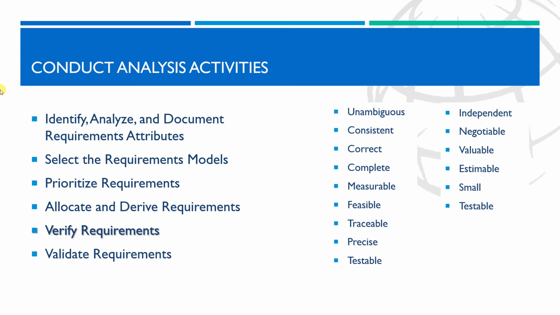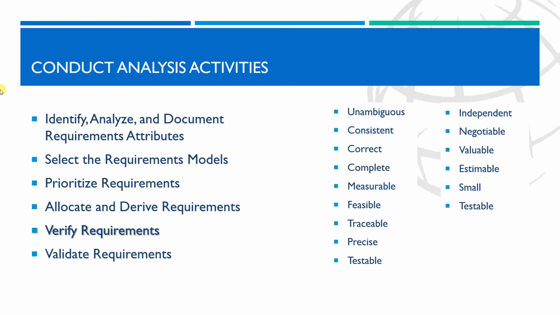And then verify requirements. The requirements should be scrutinized to confirm integrity and ensure that quality standards are being met. Requirements verification is a process of reviewing requirements to ensure the requirements are constructed properly and are error-free.